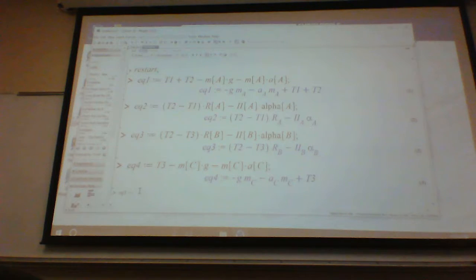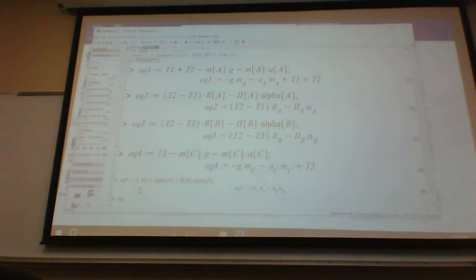I think we can say it's just 2 times RA times alpha A plus RB times alpha B. Okay. And equation 6 is the one we just said, so do we need to do that one? Maybe not yet.